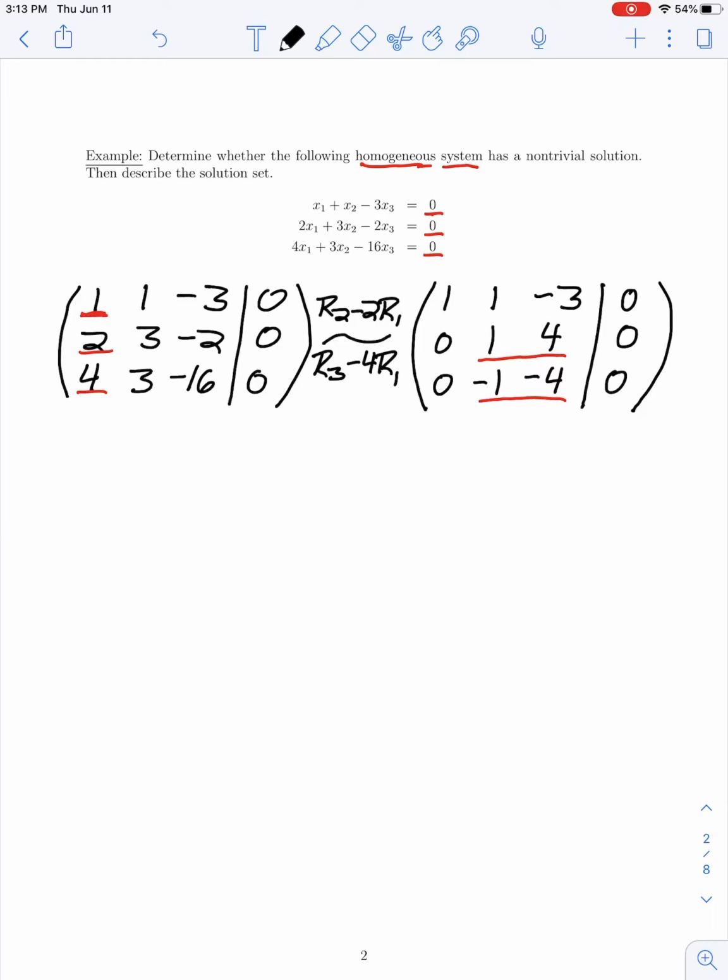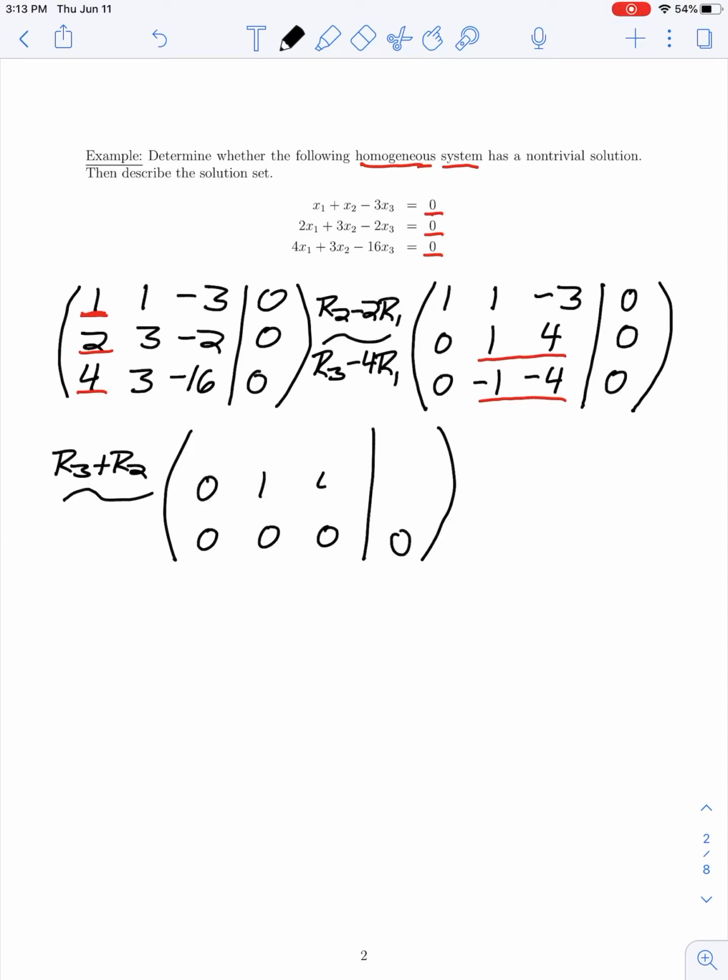So to keep simplifying here, we could take row 3 and add row 2 to it, which makes my third row 0, 0, 0, 0. My second row, I'm going to leave alone for now, 0, 1, 4, 0. And in the first row, I'm going to simplify a little bit. I had a 1 as the lead coefficient for my second row. I already eliminated the negative 1 below it by adding the second row to the third.